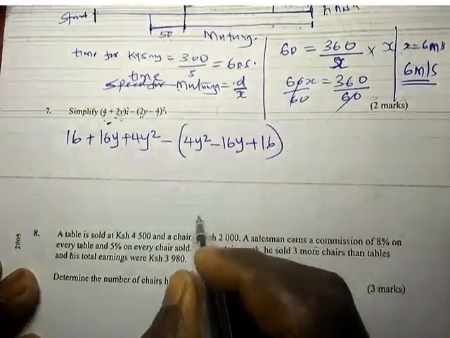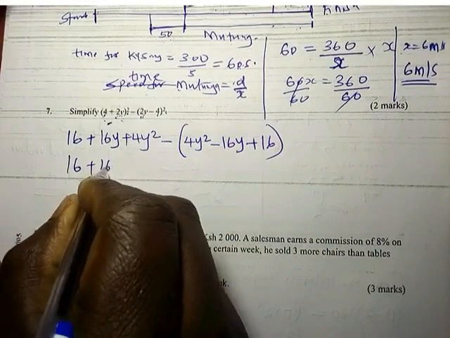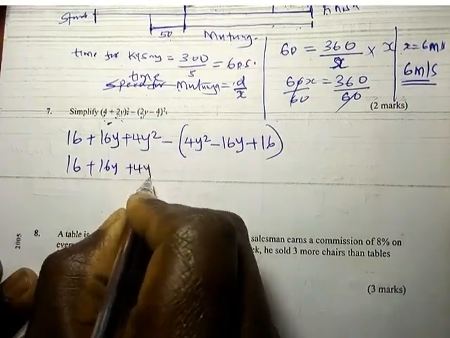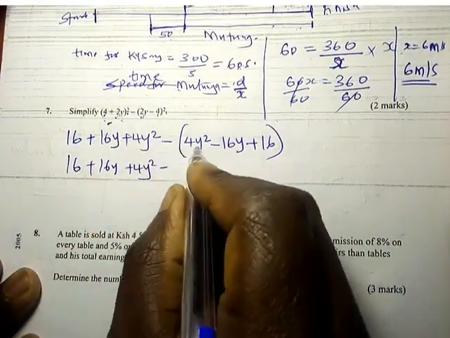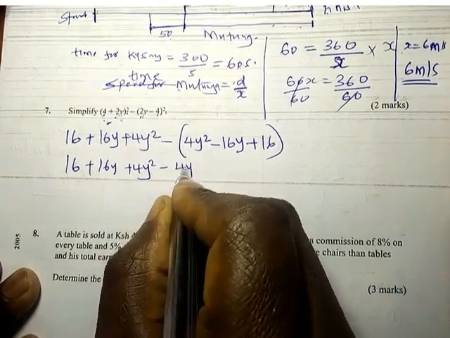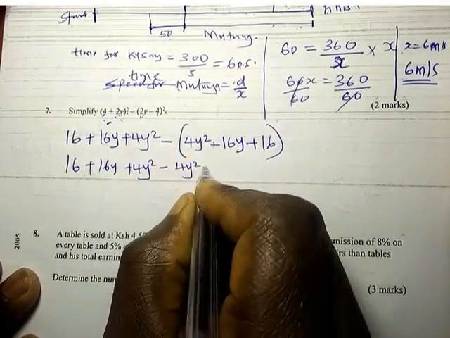So this 16 plus 16y plus 4y squared minus, open now the bracket, 4y squared, this one will be plus 16y minus 16.